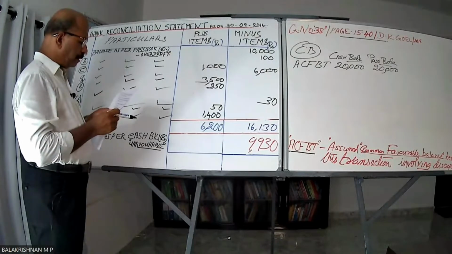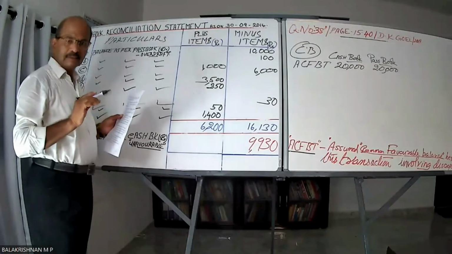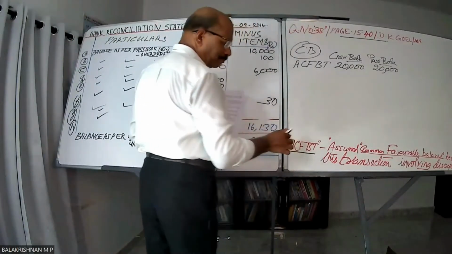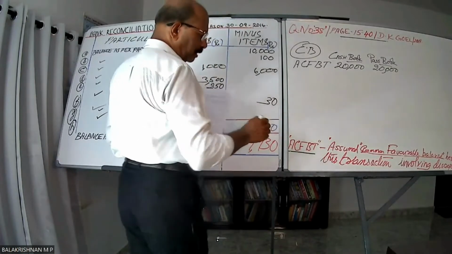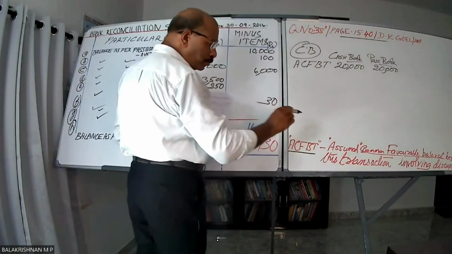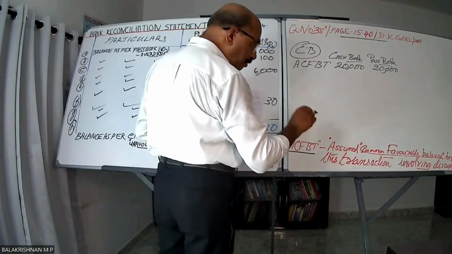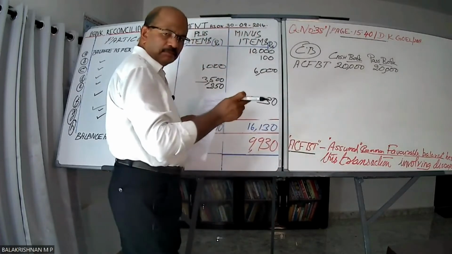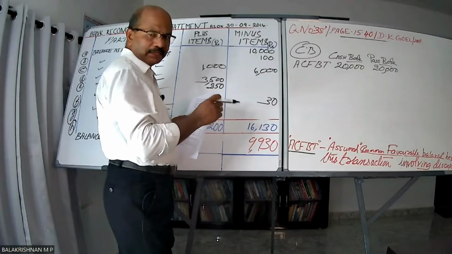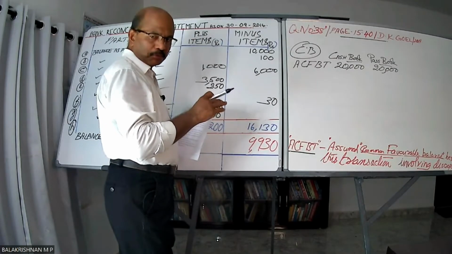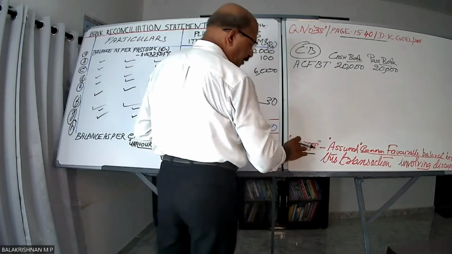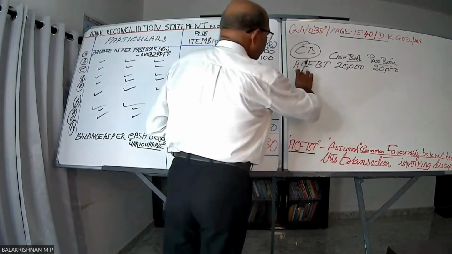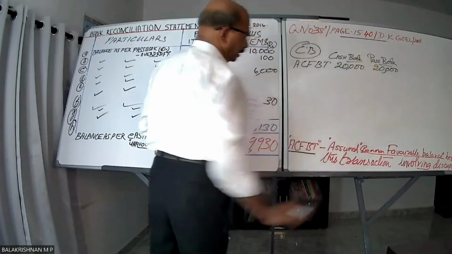Now let's take the discrepancies one by one. Check deposited in bank but not recorded in cash book, rupees 100. Simple. This is a term I have developed to make things easy for you: ACFBT, that means assumed common favorable balance before this transaction involving discrepancy. You can write it in your workings, nobody will say anything about it, or you can erase it later. So ACFBT 20,000, I take it as a convenient amount.